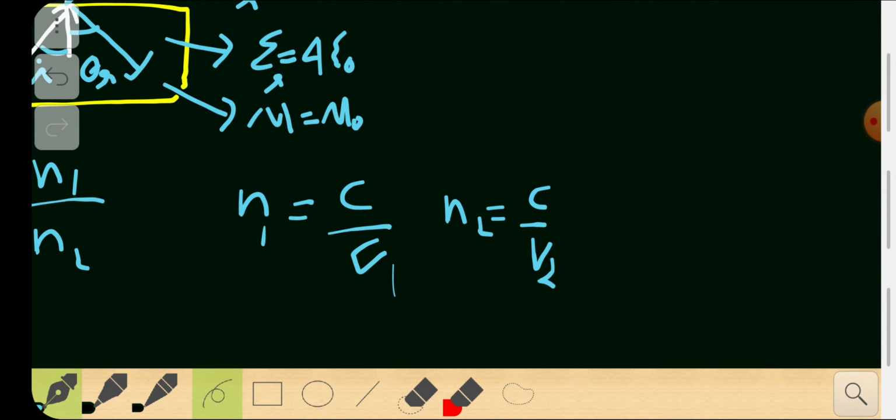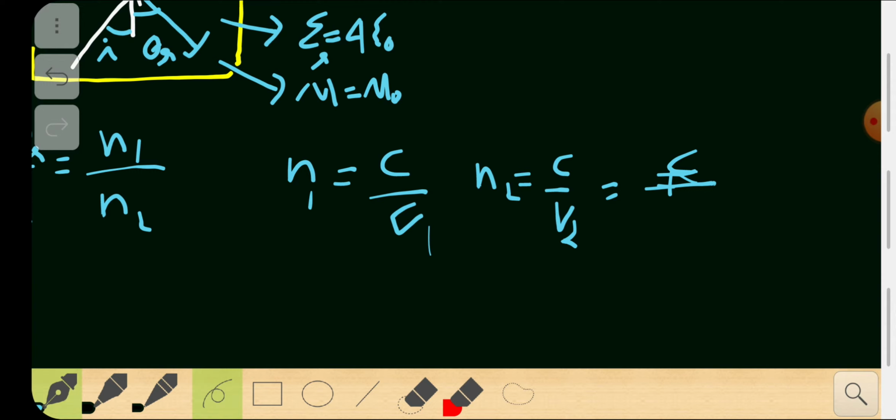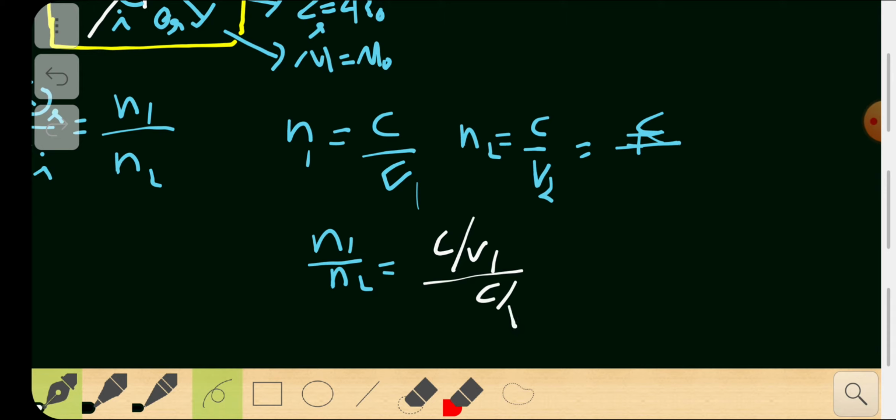So you can divide, because we have n1 by n2 in this equation, and n1 by n2 will be c by v1 divided by c by v2, right? So you get v2 by v1, simple.